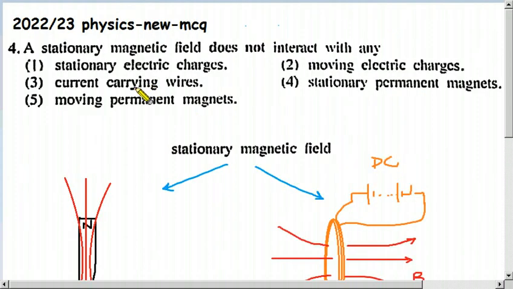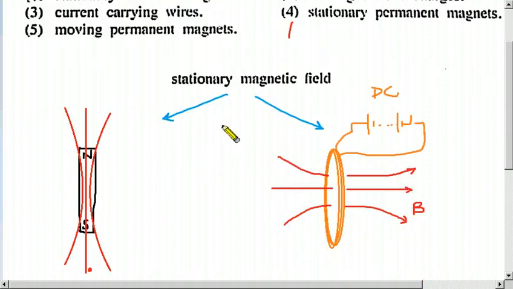Then what they say, the first one, no, not the first one, let us take the fourth one and fifth one first, because those are easier. Stationary permanent magnets. If we place a stationary permanent magnet closer to this previous magnet, with south pole and north pole like this, what happens?